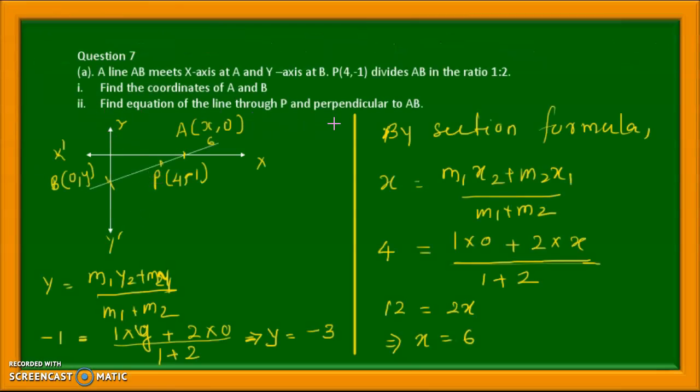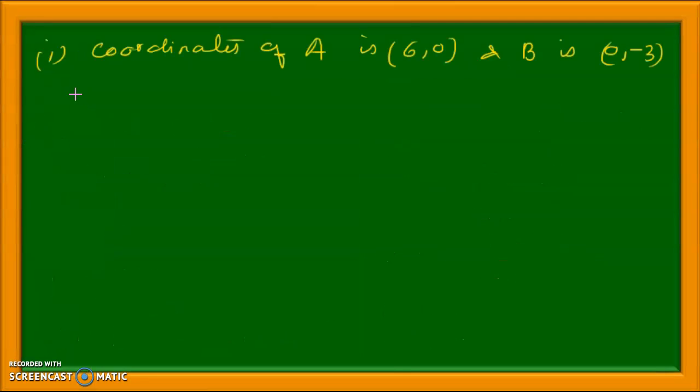Find the equation of the line passing through P and perpendicular to AB. The condition for perpendicularity, we know that the product of the slopes of both lines is minus 1. So we can first find out the slope of AB.